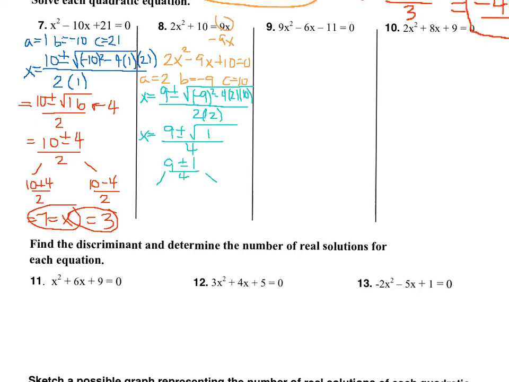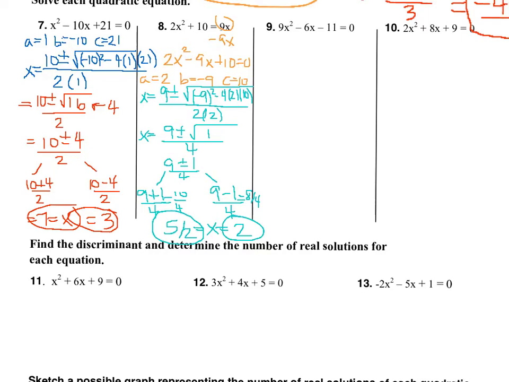I'm going to break that up into my positive and my negative. And then when I actually work out those numbers, here I get 10 over 4, which is really 5 over 2 when I simplify it. And here I get 8 over 4, which is really 2 when I simplify it. So those are my two values for x.